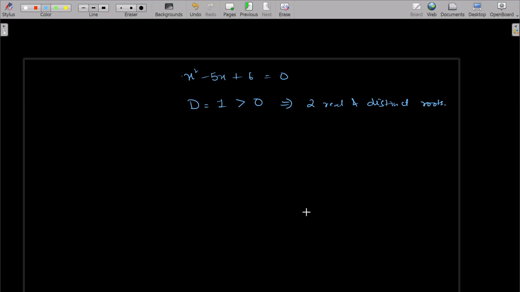The other way the question can be formed is that they will remove some constant. So instead of this equation, they'll tell you that x square minus 5x plus c is equal to 0, and they will ask for what value of c this quadratic equation will have no real roots.